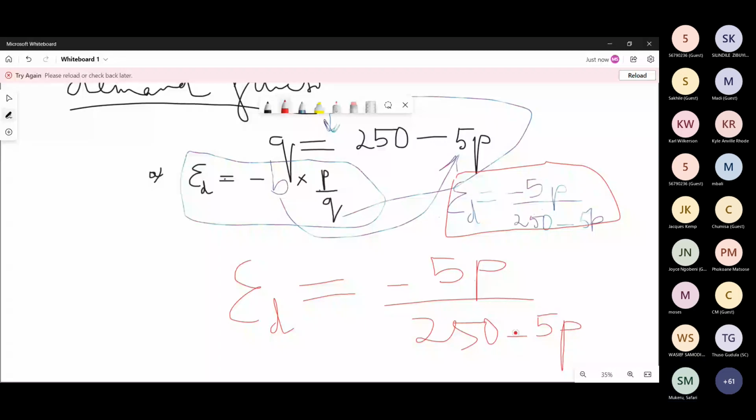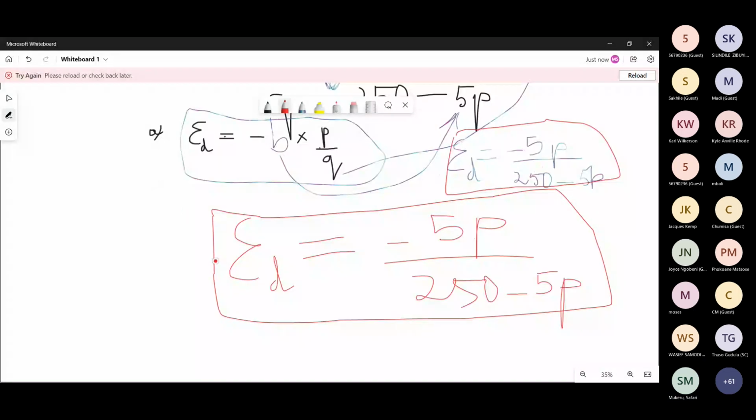Yes, please. I think I understood the question and I also had the same question. My confusion is that the formula that you gave us says minus B multiplied by P over Q. But when you write now this answer, we are saying the same thing over the whole thing. Yes, it is the same thing.